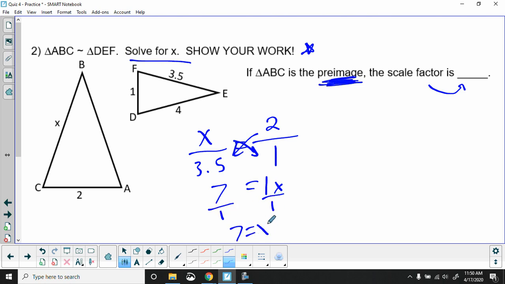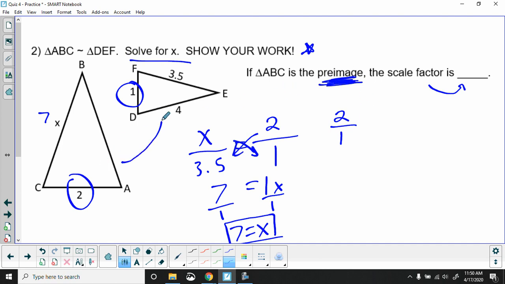That's what they're asking for. So we got 7 here. Now, we need to find the scale factor. We can use the ratio between 2 and 1. The issue here is ABC is a big triangle and it's getting smaller. So it ain't 2 over 1. That means it's getting bigger because it's greater than 1.